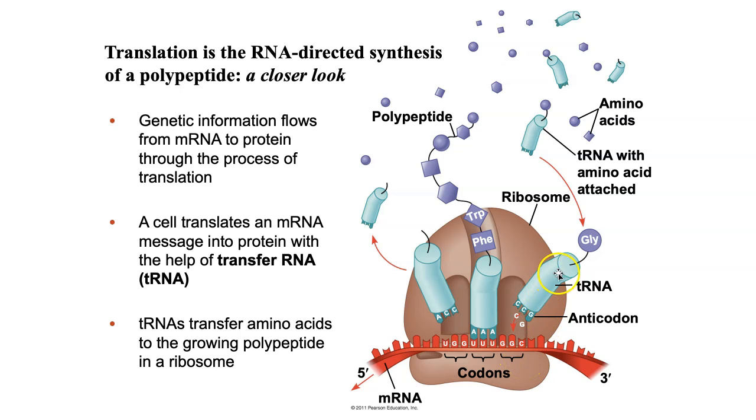Now, if this tRNA was carrying the wrong amino acid, or just any amino acid, then it wouldn't put on the proper one, right? So these are specifically matched. This CCG anticodon is always going to be carrying this amino acid glycine, for example.